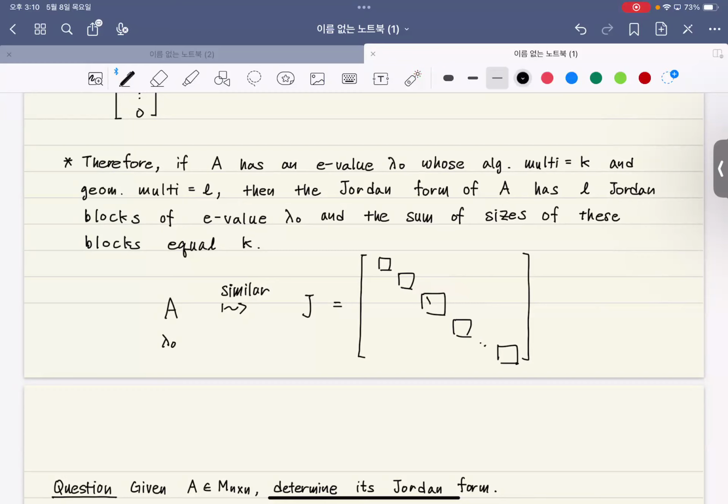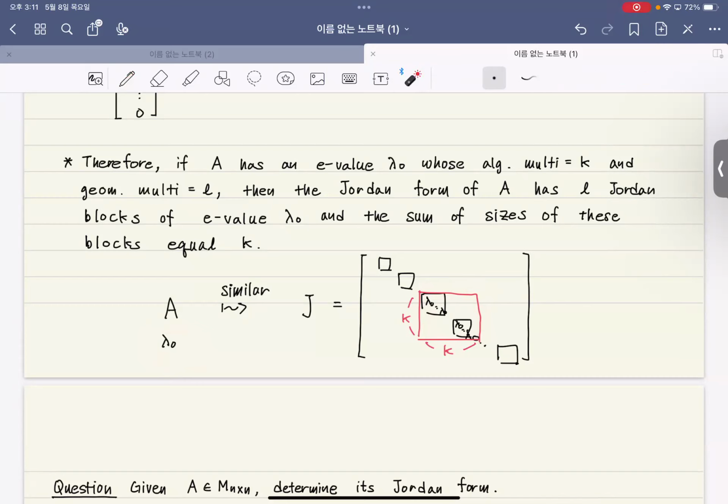Maybe I have several blocks with lambda 0. And this eigenvalue has algebraic multiplicity k, so the sum of these Jordan blocks of eigenvalue lambda 0 should form a k by k block matrix.